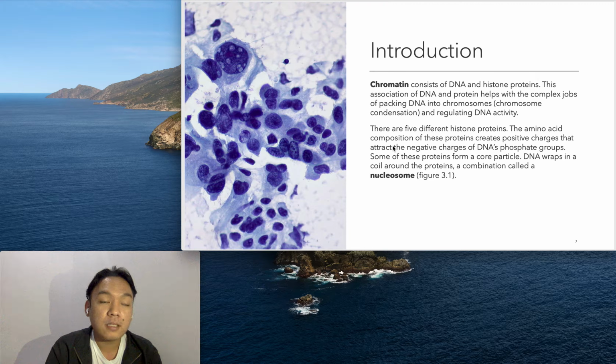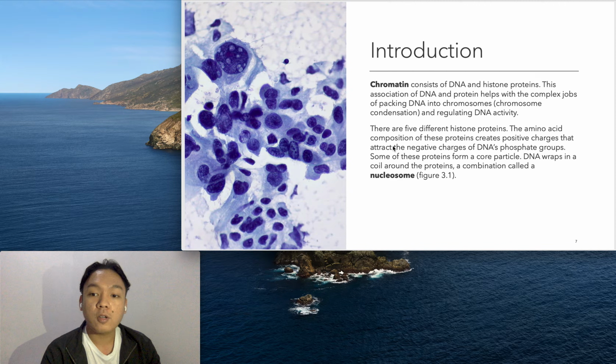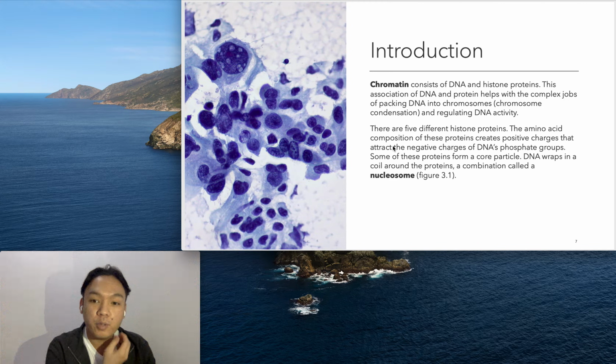The chromatin consists of DNA and histone proteins, and the association of DNA and protein helps in condensation and in regulating DNA activity. So chromatin is DNA plus histone proteins. The DNA is surrounding your histone proteins, and we have 5 different histone proteins.